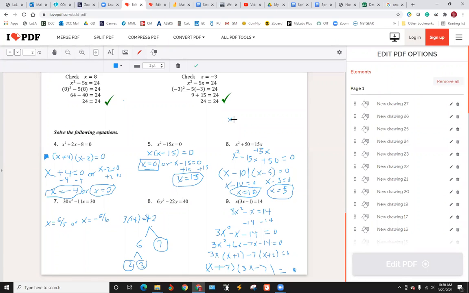So x plus 2 is equal to 0 means x is equal to negative 2. And then 2x minus 7. So that's 2x is equal to 7.